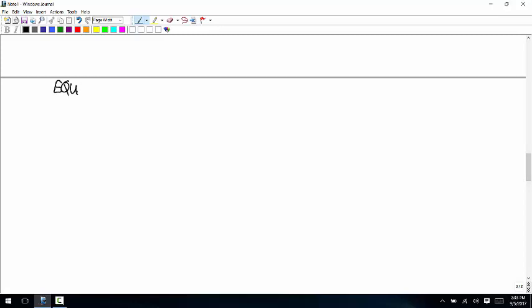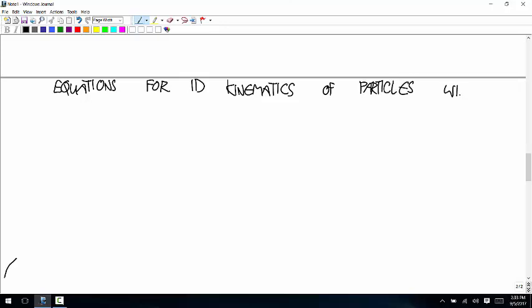So these are the equations for 1D kinematics of particles with constant acceleration.